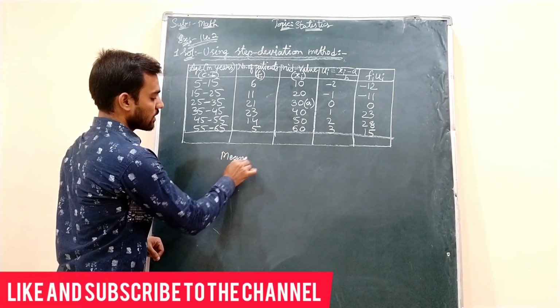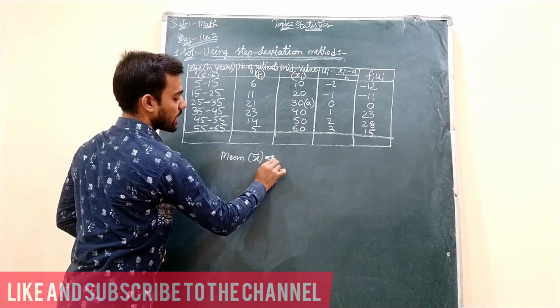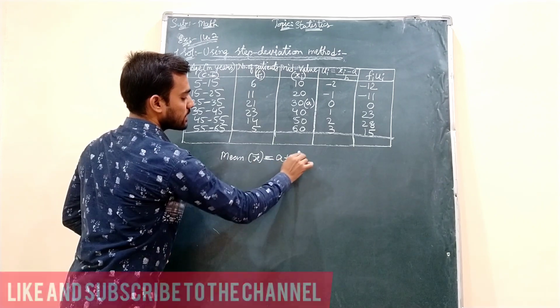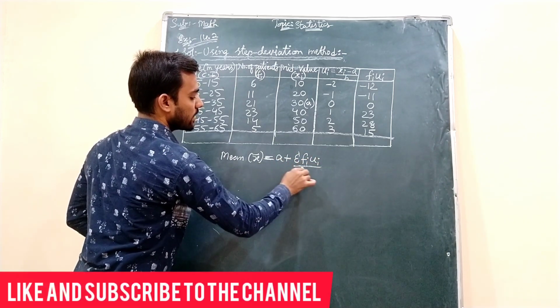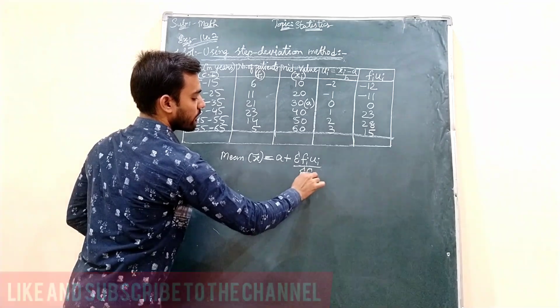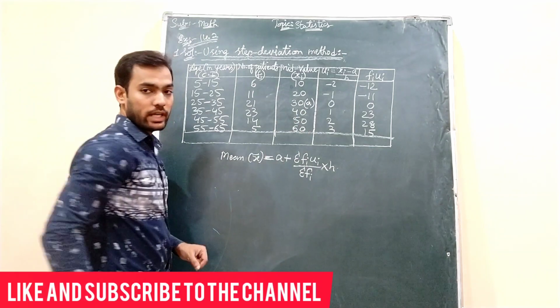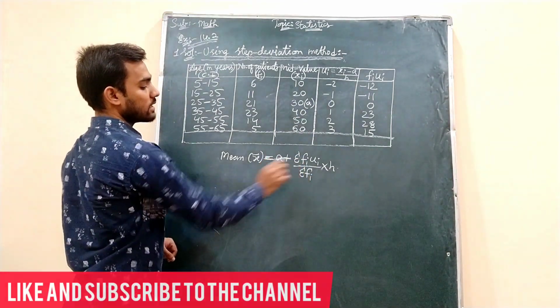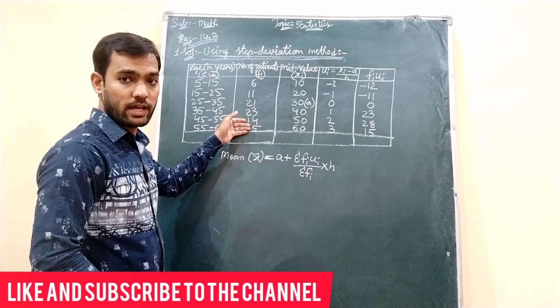Mean x bar equals, the step deviation method formula we are writing, A plus sigma Fi Ui by sigma Fi, into h. The A value we already got; sigma Fi Ui and sigma Fi we will need. This total gives sigma Fi.